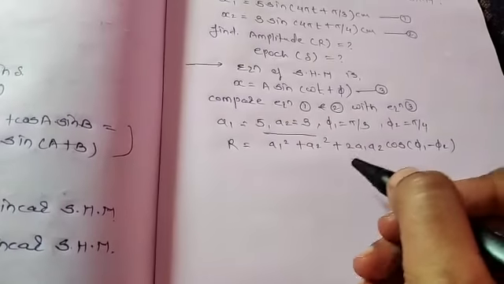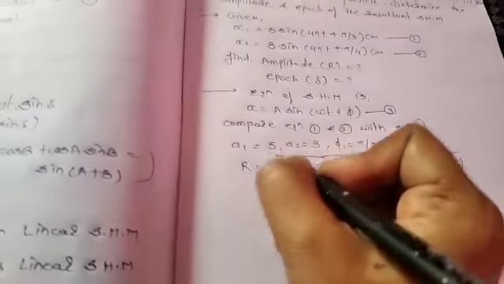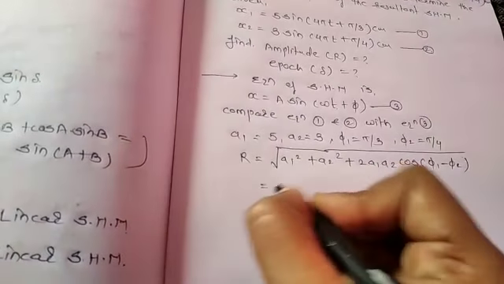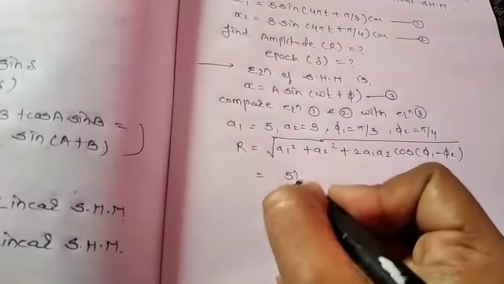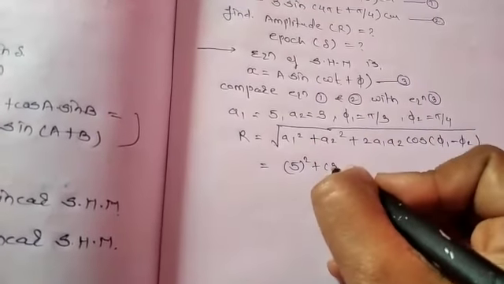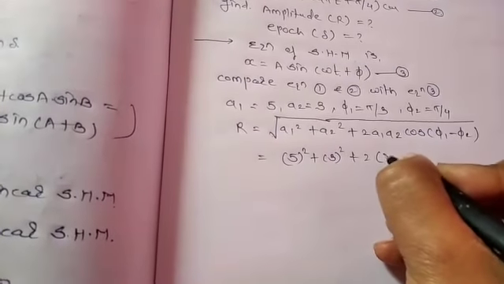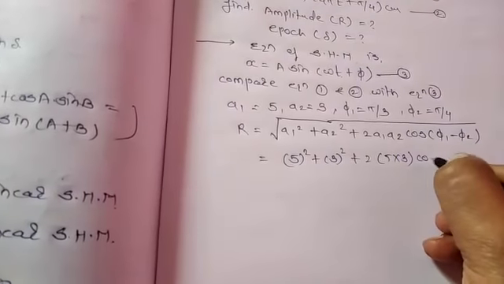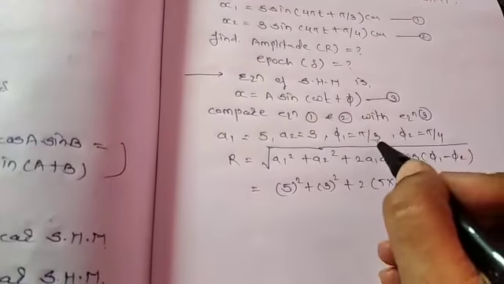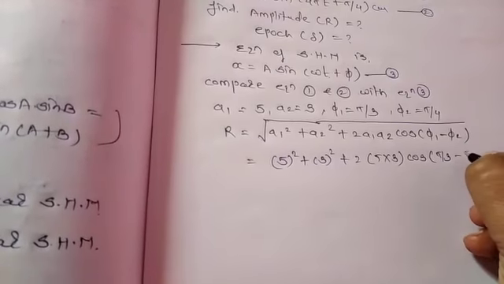Now we put in the values: 5 square plus 3 square plus 2 into 5 into 3, cos of phi 1, which is pi by 3, minus pi by 4.